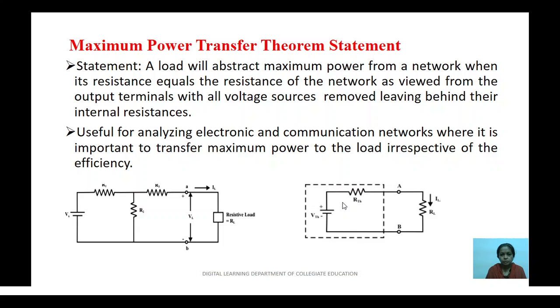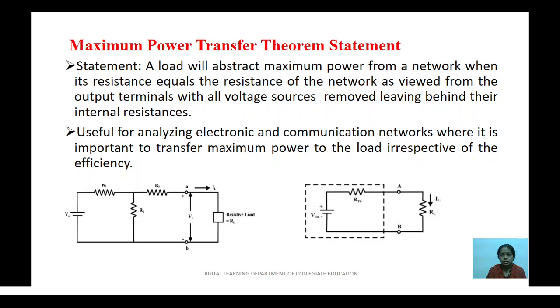So the equivalent circuit will have a single source of voltage VTH, and instead of many resistances we have a single resistance RTH. So that is connected to the load. So the complex network can be simplified by Thevenin's network.